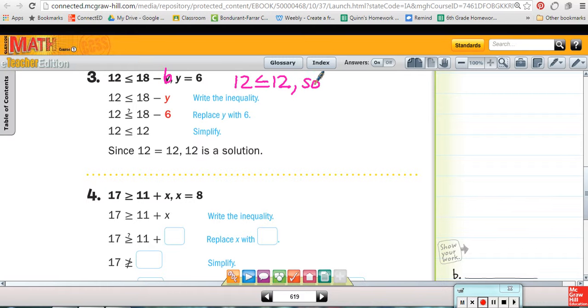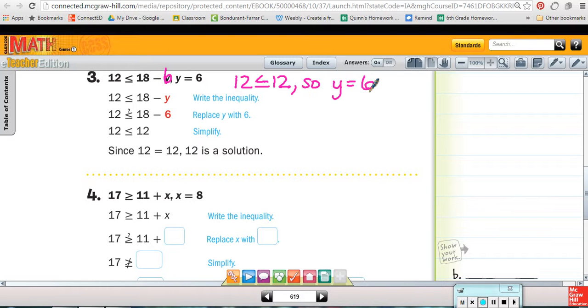So what does that tell me? 12 is equal to 12. Equivalent to what? Not to y, to 6. So 6 is a solution, right? Yeah. So y equals 6.